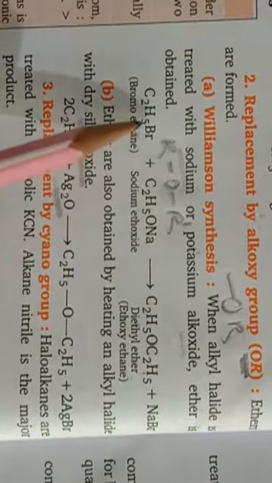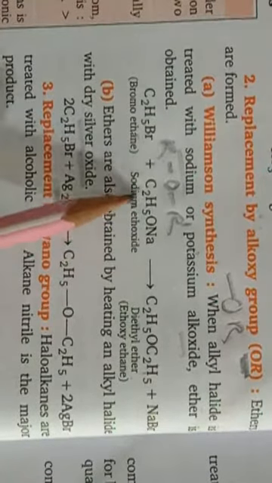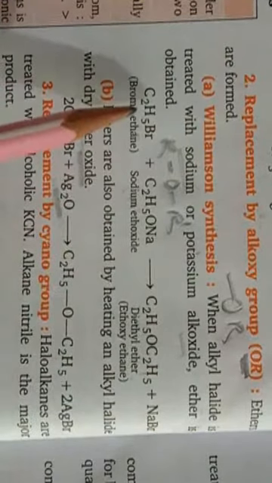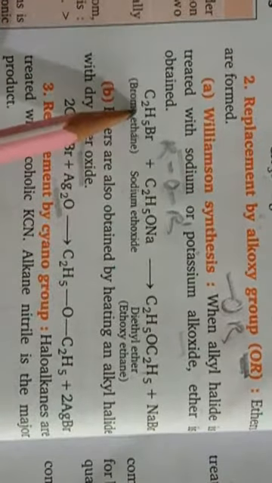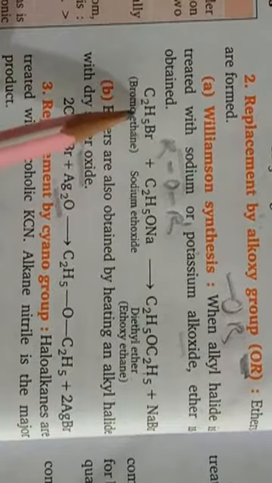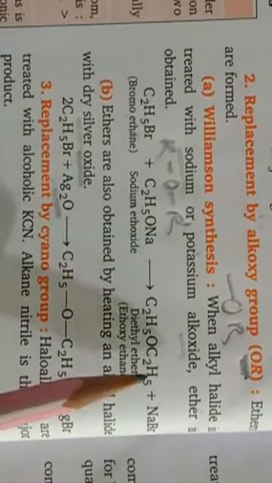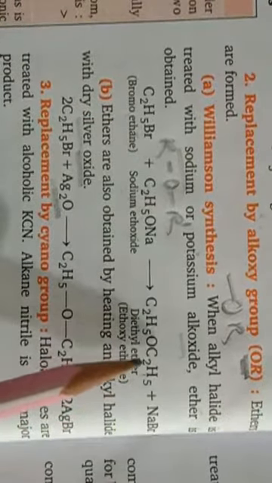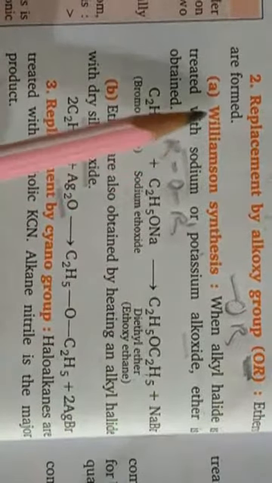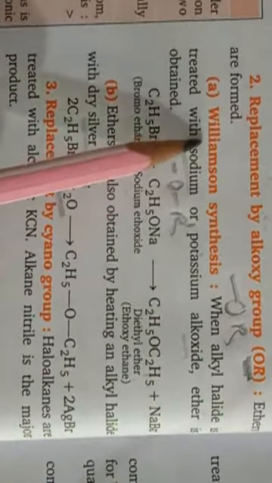In that condition you will use sodium alkoxide in tertiary form, and this will be reacted always with a primary compound only. If you use tertiary alkyl halide, then your main product will be alkene. Detail of this reaction we will discuss in the ether chapter.